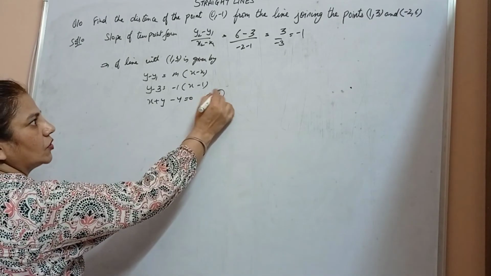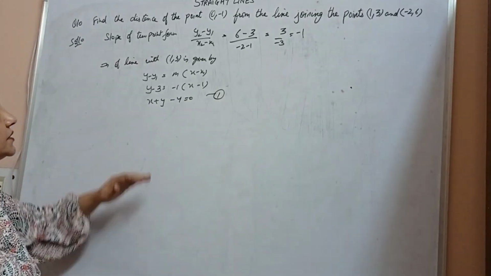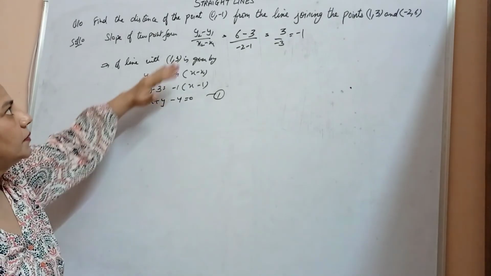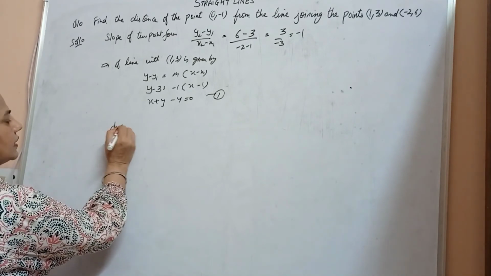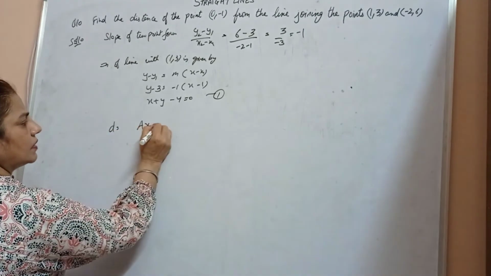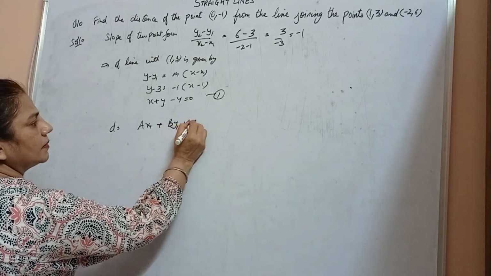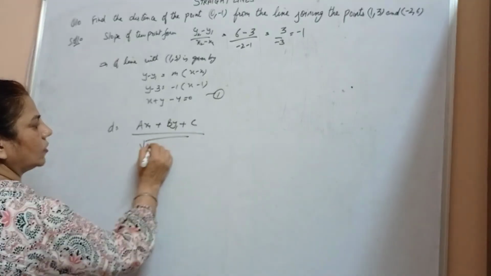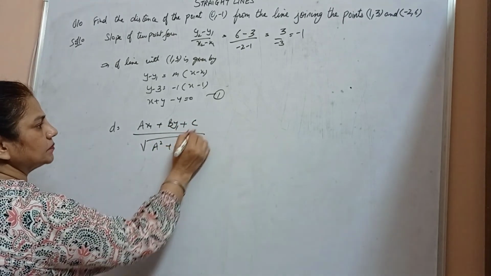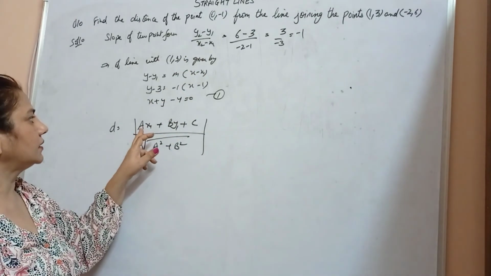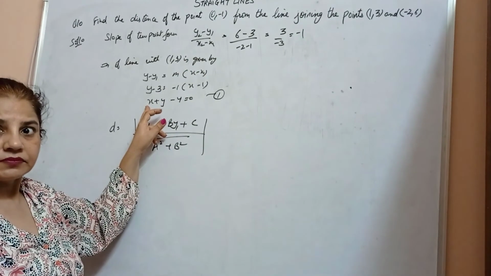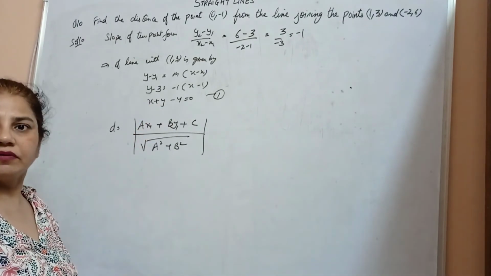This is my equation of the line. We have to find the distance of this line from the point 0, minus 1. So the distance is given as ax1 plus by1 plus c divided by under root of a square plus b square, where x1 and y1 is the point, a is the coefficient of x of the line and b is the coefficient of y of the line.